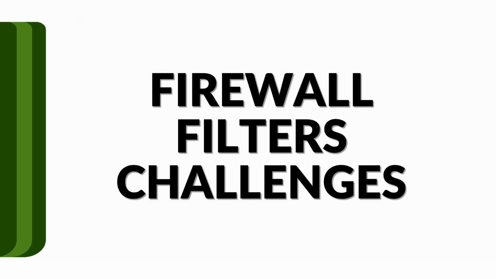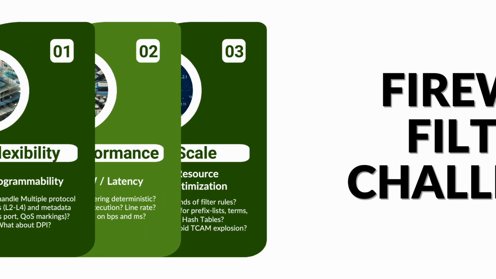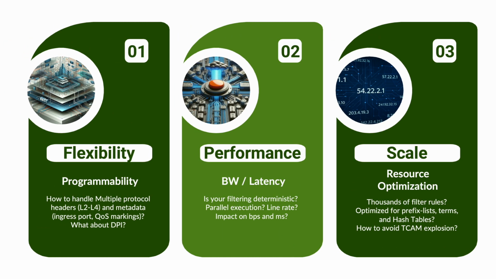So when it comes to high scale and high speed filtering, flexibility, performance, and scale are the three primary challenges to address. Any implementation should pay attention to the ability to inspect various fields across different headers, including deep inspection into the packet payload, and going beyond simple permit or deny actions.